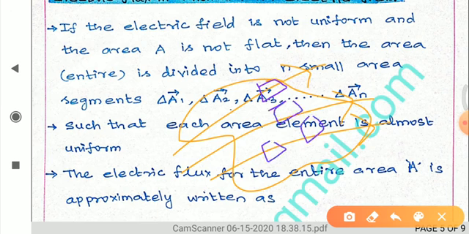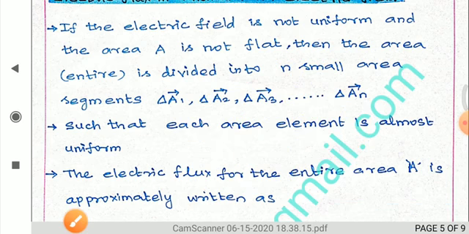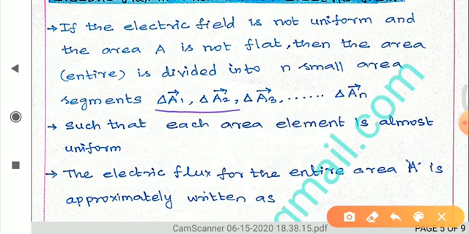These are called the area elements, represented here as del A1 vector, del A2 vector, del A3 vector up to del AN vector. N number of area elements we are dividing.